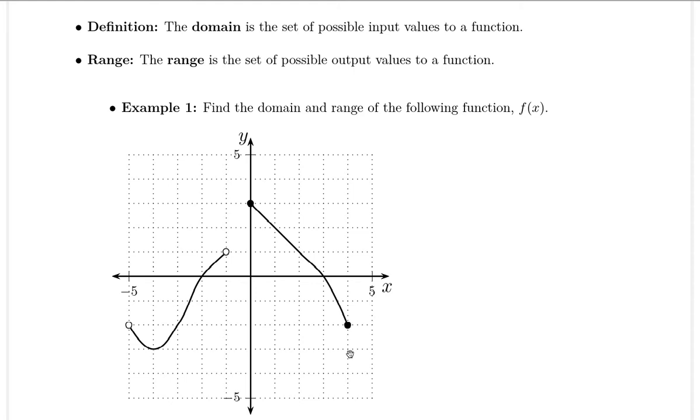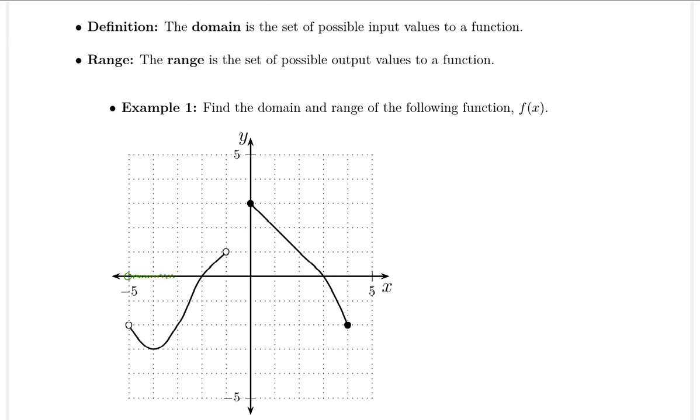So in this first one, we're looking for the domain and range of this function that's defined by this picture here. So let's start off with domain. Domain, of course, remember, we're looking for what x values exist for this graph. And so you can see over here the graph starting at -5.